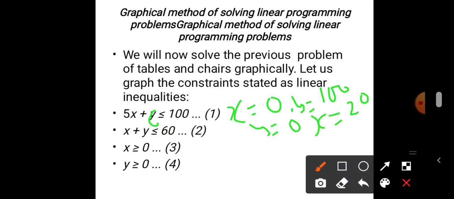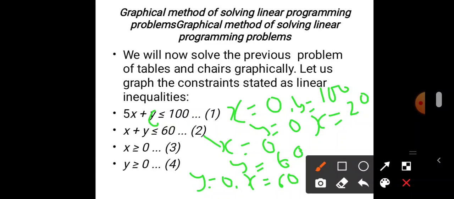Similarly, in the second case, if x is 0, y is 60. And similarly, if y is 0, x is 60.